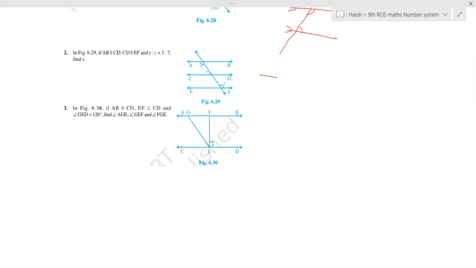Sir, in the second question, do we have to also find the value of z, or is it okay if we find it with only y and then we can find x? We find all three. All three.